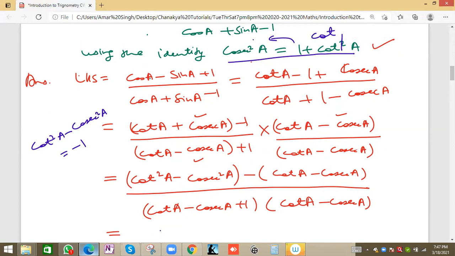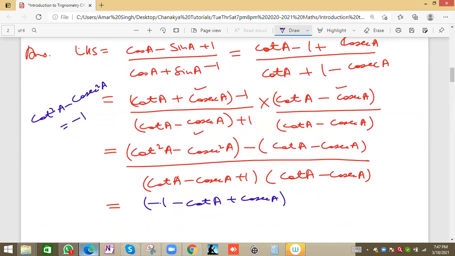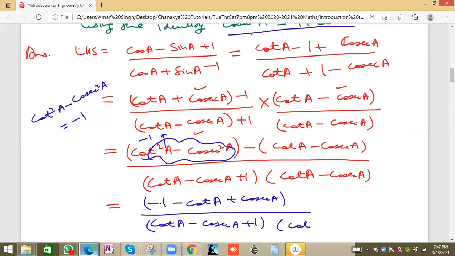So here we can write now: minus 1 minus cot A plus cosec A, divided by cot A minus cosec A plus 1 into cot A minus cosec A. Because cosec square A minus cot square A is 1, cot square A minus cosec square A will be minus 1.